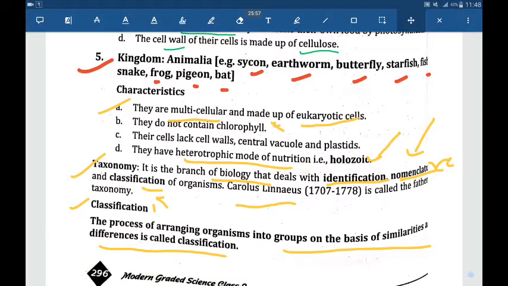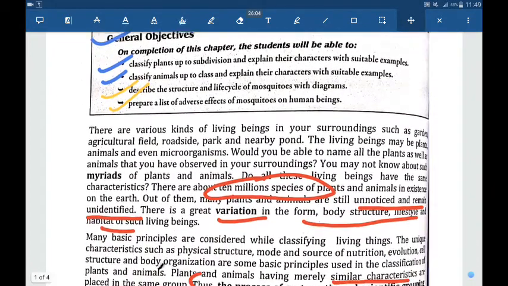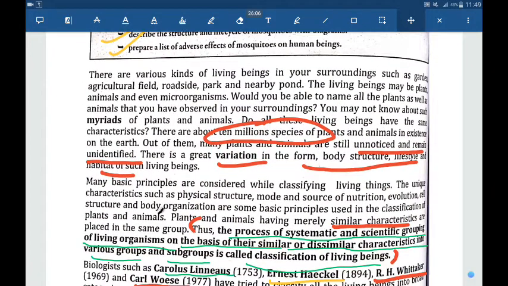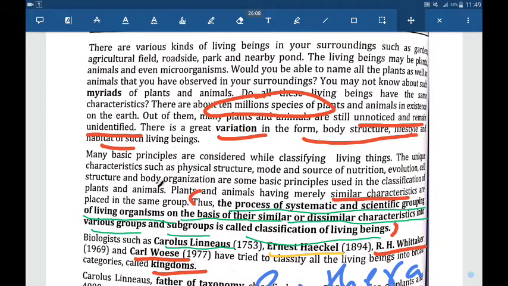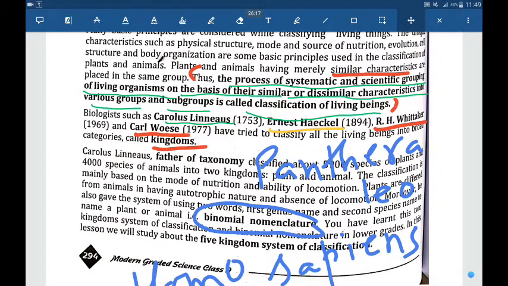So students, today the chapter is classification of plants and animals. There are 10 million species of plants and animals. They are kept in different groups and subgroups on the basis of similarities and dissimilarities.